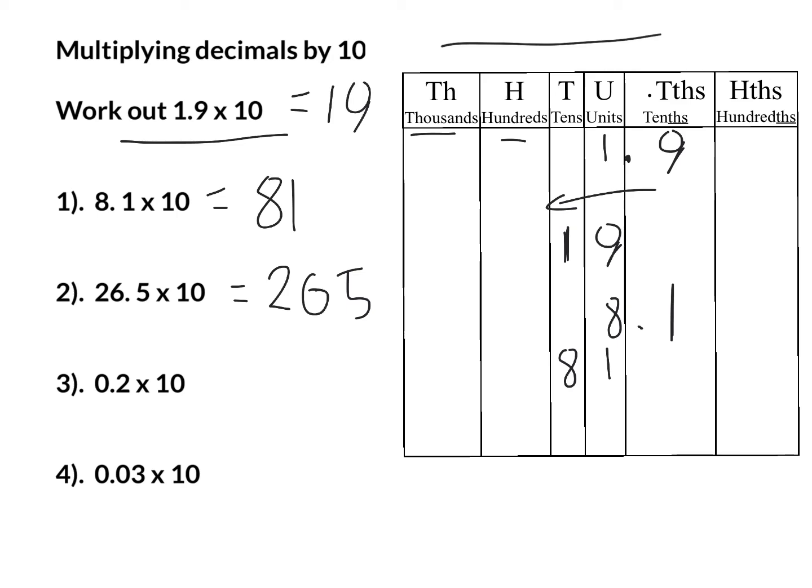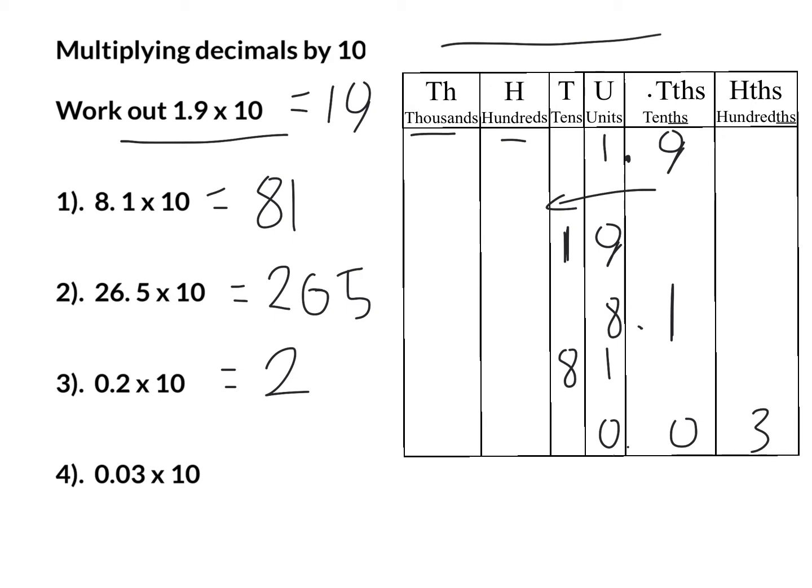0.2 times 10, so I'll model this once. 0.2 times 10, so you don't have any units and you've got 2 tenths. So if I move the numbers over to the left hand side, you've got 2 and nothing here, so your answer is 2. So 10 times 0.2 is 2. Then 10 times 0.3, so I'll give myself some space to write down an answer for this. So 10 times 0.03, so you've got no units, you've got no tenths, and you've got 3 hundredths.